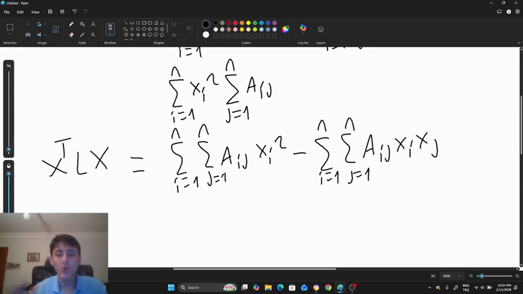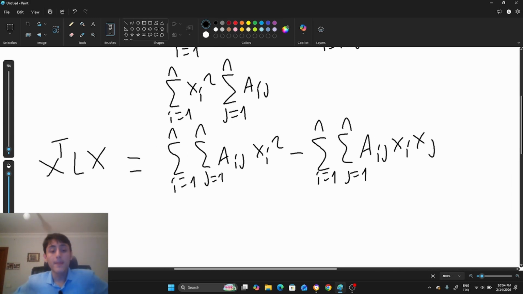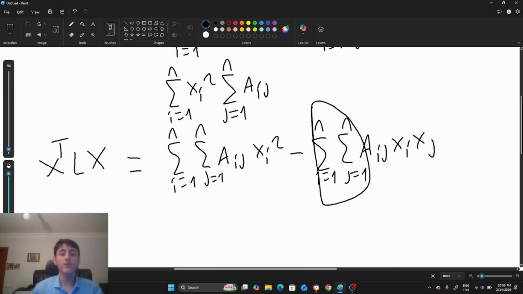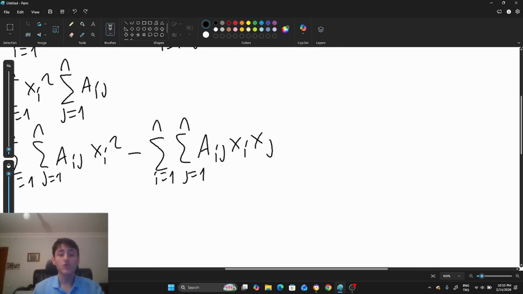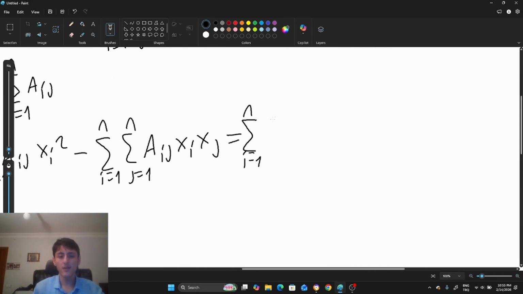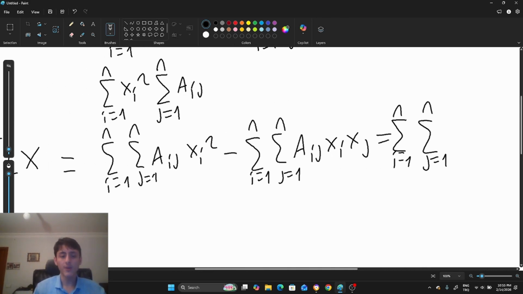And x. Cool. So this is where things get beautiful, because since both summations have i and j going to n, we can merge them together into a single summation. So this whole expression is going to be equal to the summation, i equals 1 to n, right?